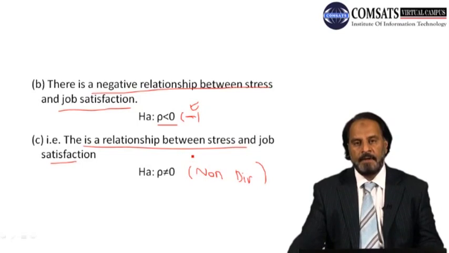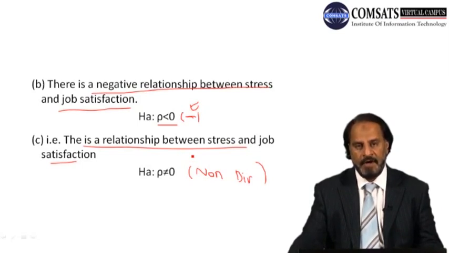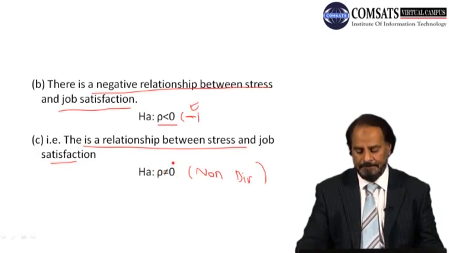And in case it's inconclusive, in some studies it's positive, in some studies it's negative, and you're undecided about it, then you say non-directional. You say rho is not equal to 0, meaning it could be positive, it could be negative.